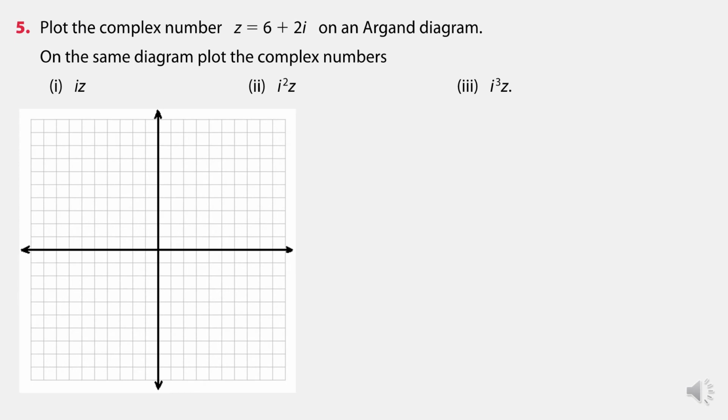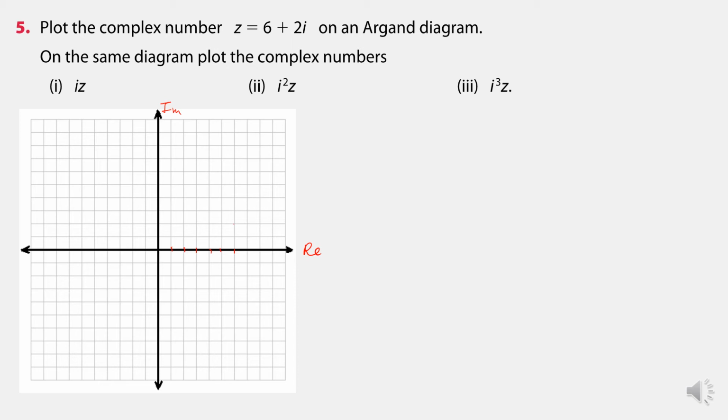Plot the complex number z equals 6 plus 2i on the Argand diagram. So if we take each box as being one unit, and this is the real axis, 1, 2, 3, 4, 5, 6, plus 2i up 2 units.